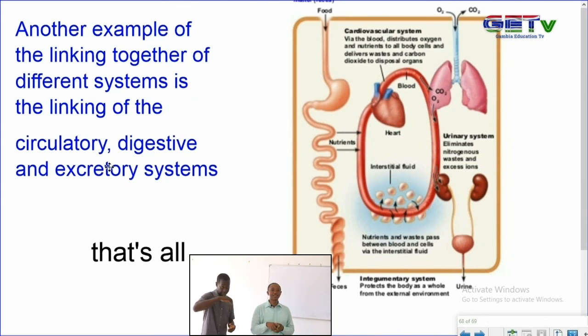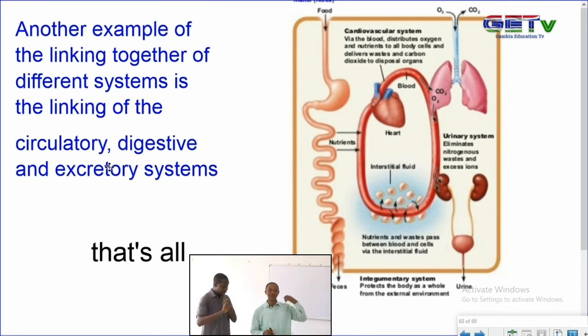And the circulatory system will take them around the body by means of the heart pumping them. And then the lungs too, the air they take in, oxygen is filtered and sent to the blood. That is also sent around the body by means of the circulatory system. And after the cells have done their work, the waste is sent to the kidney for them to take it outside. So this is how the entire body is linked up.